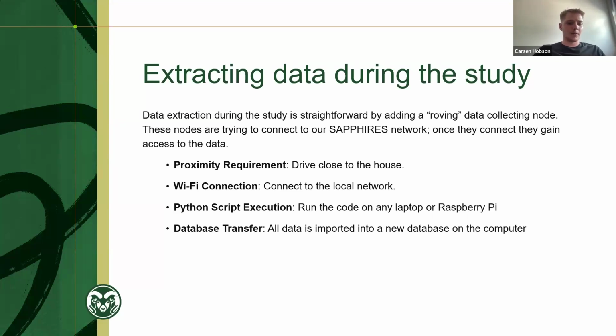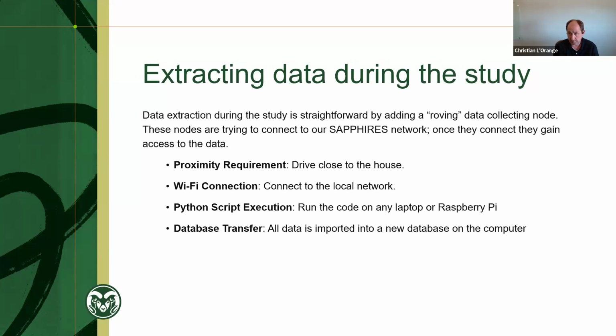You can connect right to the network and then run Python code, which I've created, and it'll send a signal to the central hub, which will send all the data from the database over MQTT to the computer, which will then store it in a new database on that laptop or Raspberry Pi.